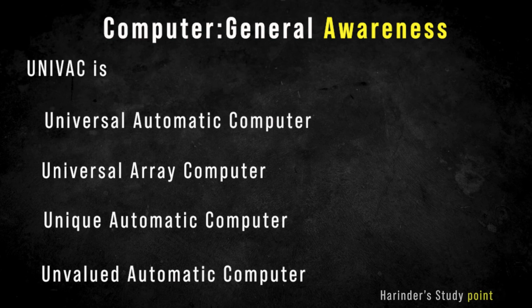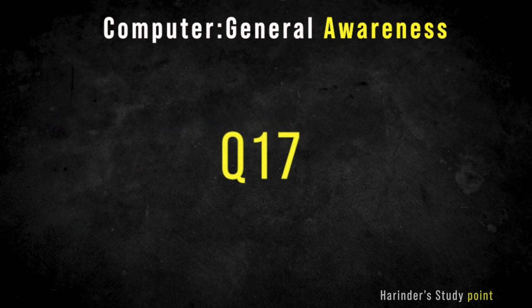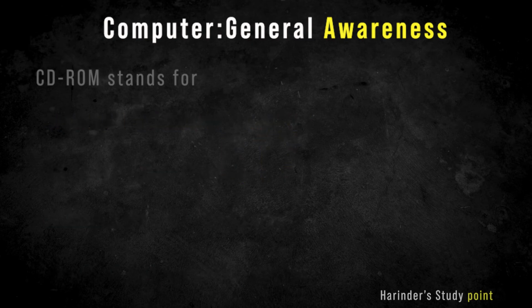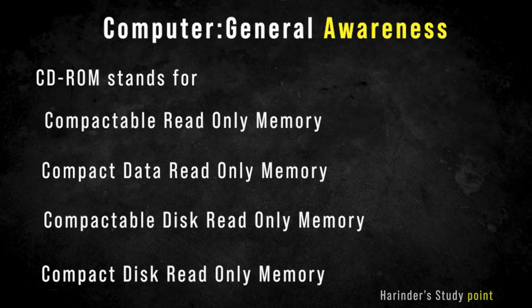UNIVAC is universal automatic computer, universal array computer, unique automatic computer, unvalued automatic computer. Correct answer is universal automatic computer. CD-ROM stands for compactable read-only memory, compact data read-only memory, compactable disk read-only memory, compact disk read-only memory.